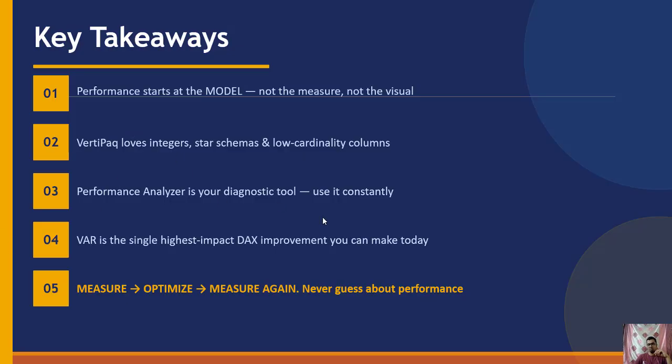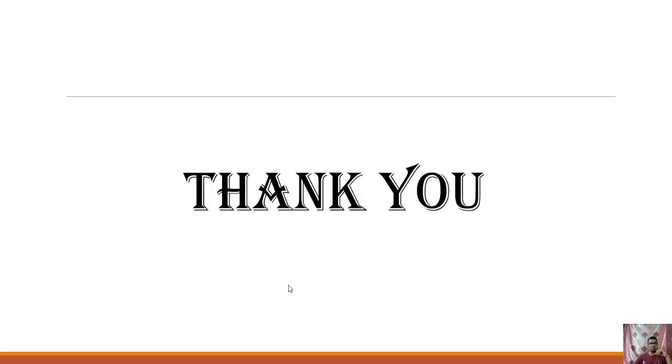We need to utilize Performance Analyzer to identify bottlenecks and boost the performance of the report. Wherever possible we need to use variables in creating DAX measures. Measure, optimize, measure. Never guess about performance. This is the important tagline which we need to consider.